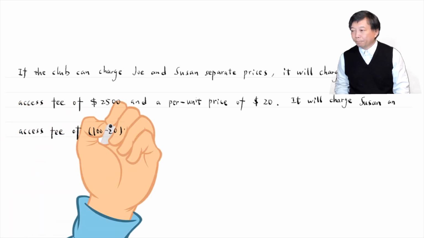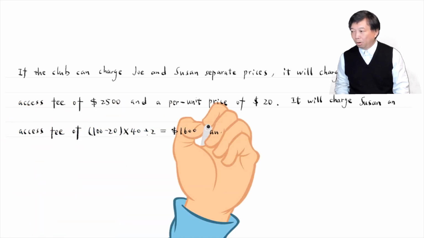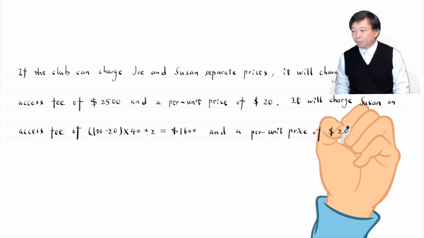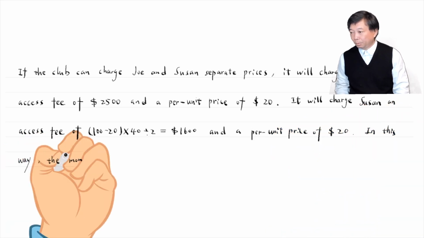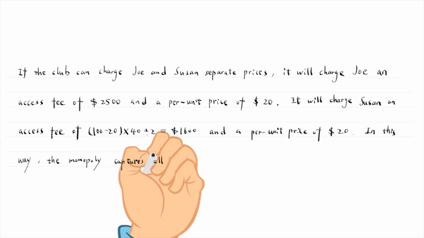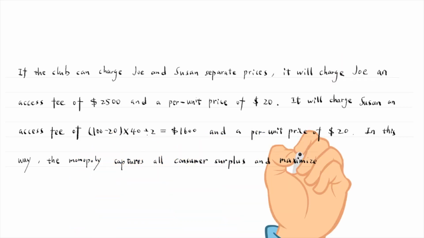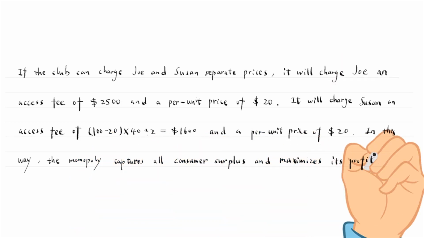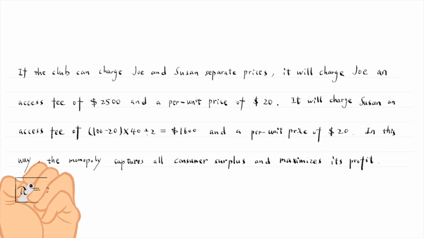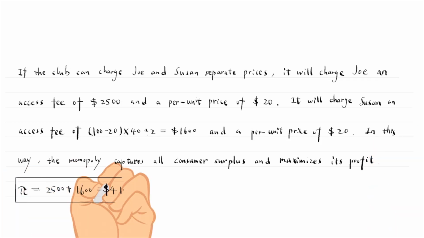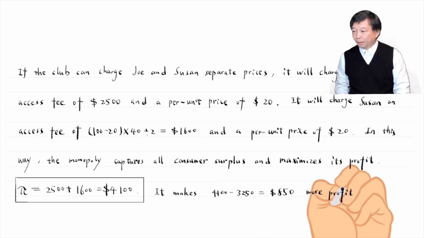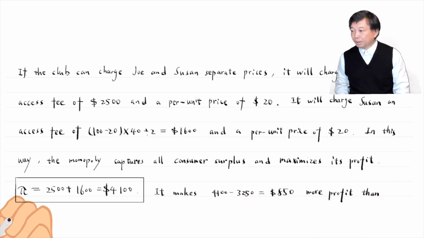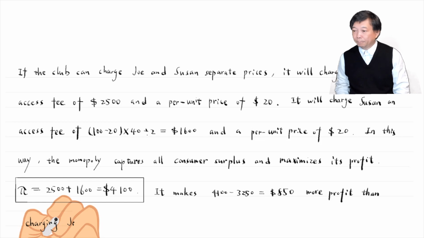In this way, the monopoly captures all consumer surplus and maximizes its profit. It is $4,100. It makes $850 more profit than charging Joe and Suzanne the same access fee and the same per unit price.